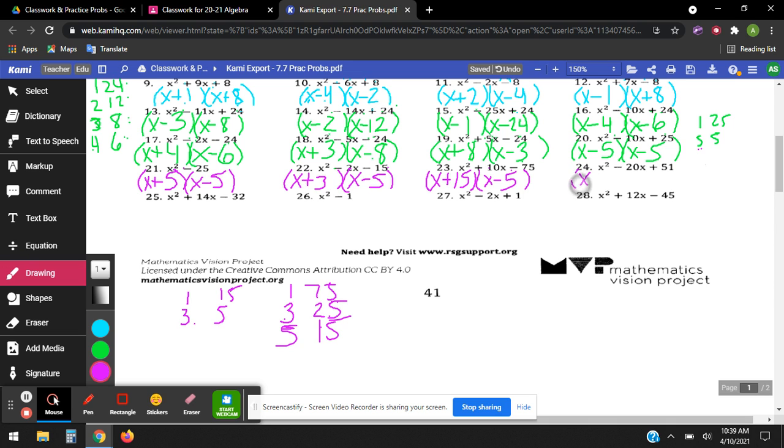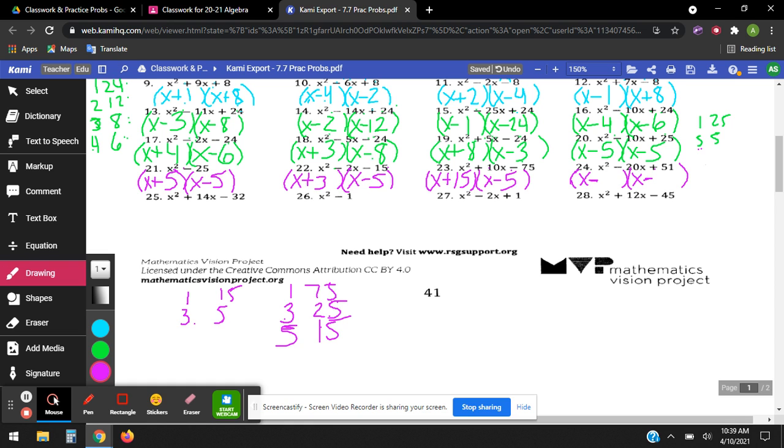All right, now we're getting to numbers we don't necessarily know the factors as easily, do we? Okay, a positive 51, so that means they're both the same, but it's a negative 20x. So they're both negative. So two factors of 51 that add to get 20.